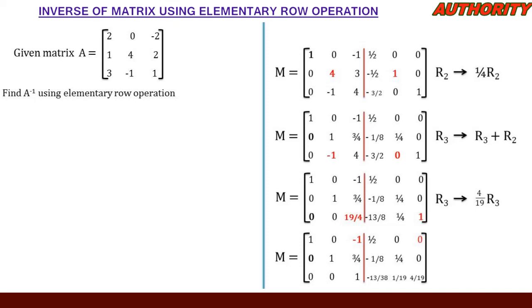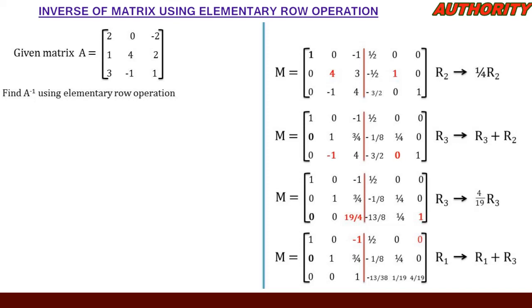So when you say minus 1 in row 1 plus 1 in row 3, it's going to give you 0. In a statement, we are going to say replace row 1 with row 1 plus row 3.